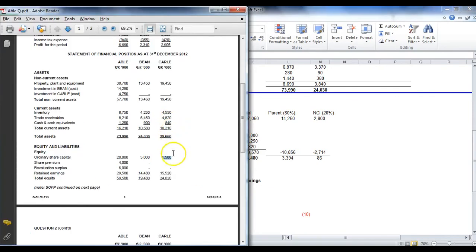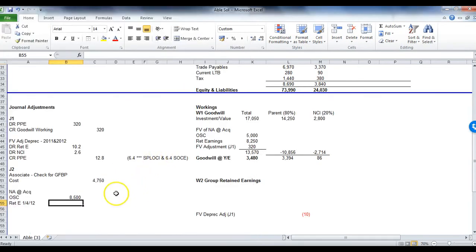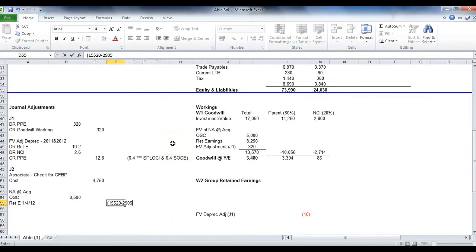You have the retained earnings at the end of the year, 15,520, and you have the profit for the year. So to get that back, you're going to do 15,520 minus the profit, 2,905 times 9 months.